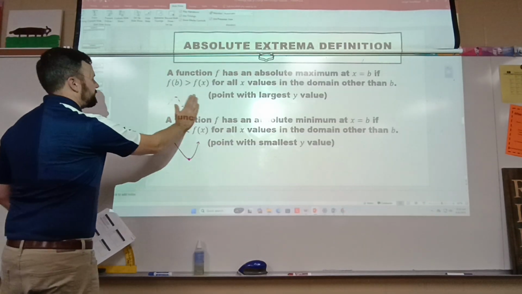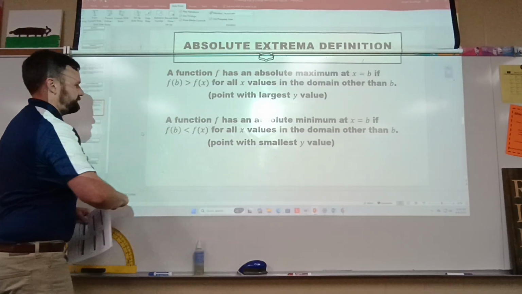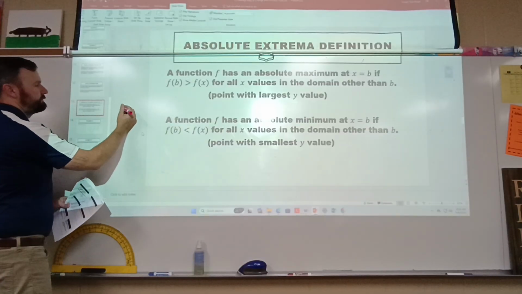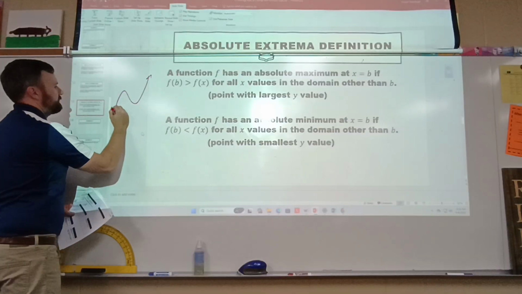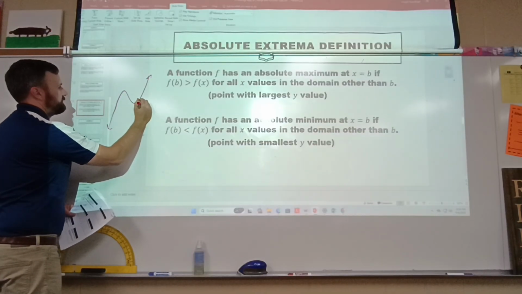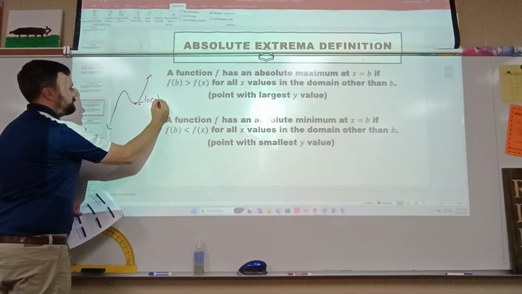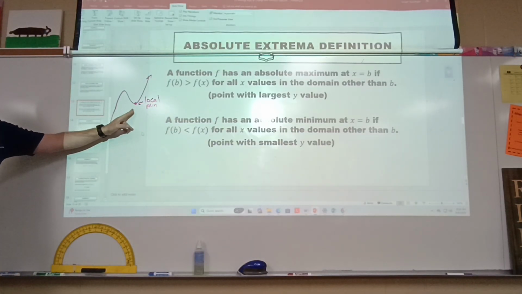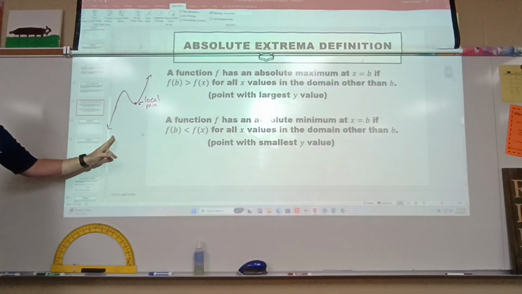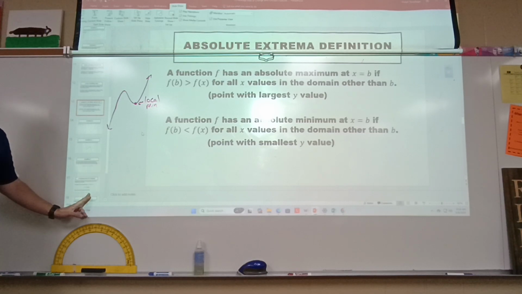So what's the difference between local and absolute? This is a local min because it acts like a minimum. It goes down, then comes up. But are there values smaller than that on this graph? Yeah, it goes to infinity, right?